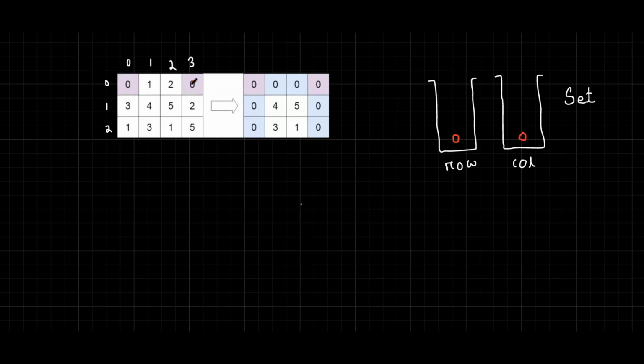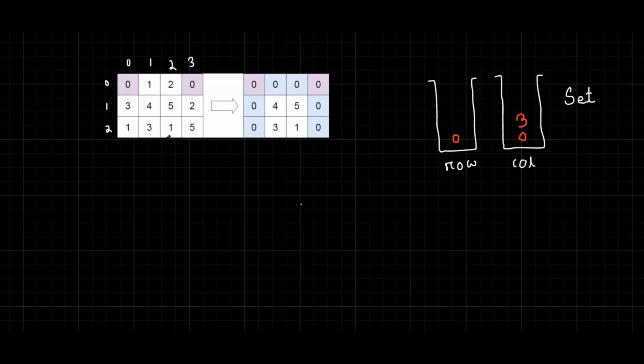Now, this is another 0, its corresponding row is 0, so the row is already present here, and its corresponding column is 3. Now, to store the row and column, we will use the set data structure. You can use a map or any other data structure as well. Anyways, at first, we have to store the corresponding row and column numbers of the zeros present in the array.